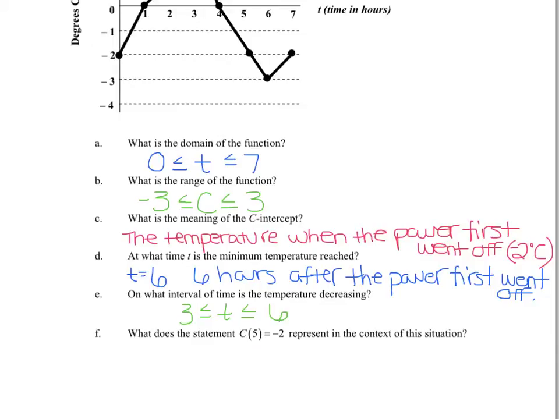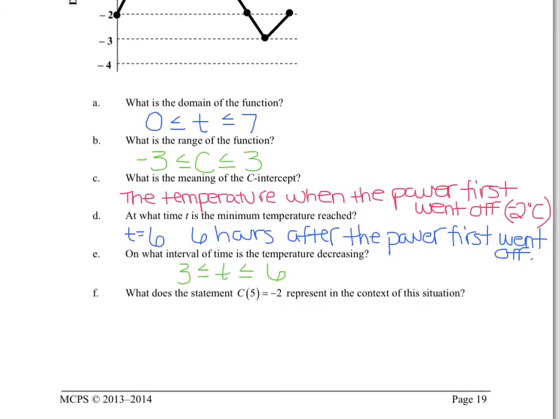Finally, what does the statement C of 5 equals negative 2 represent in the context of this situation? So remember that this is our x, this is our y. So this is our t, and this is our c.